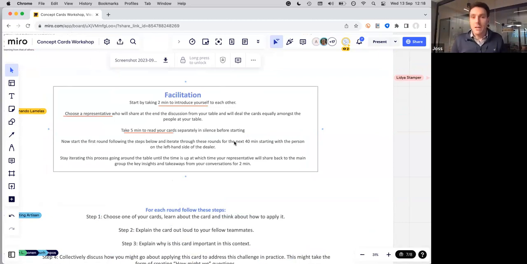That's a great bit of interactivity for the participants and helps them inform each other about why they're saying what they're saying. So choose a representative who will share the discussion from the table at the end, and we'll deal the cards equally among the people at the table. We won't be dealing cards, they're already done. In the offline version, the representative would deal the cards.